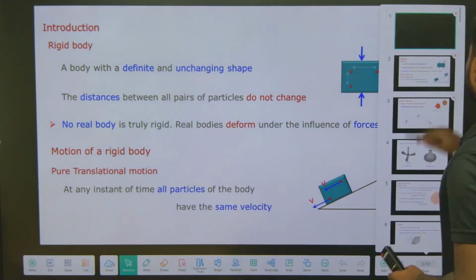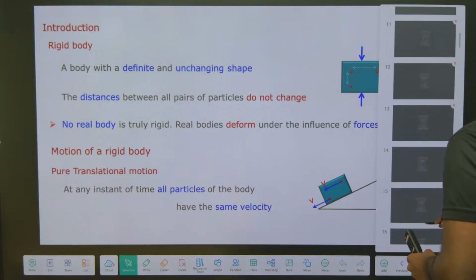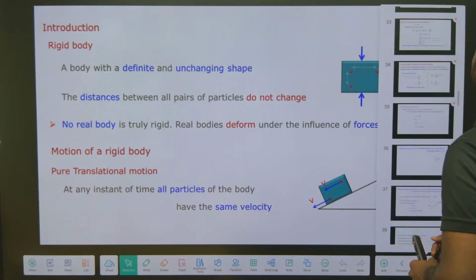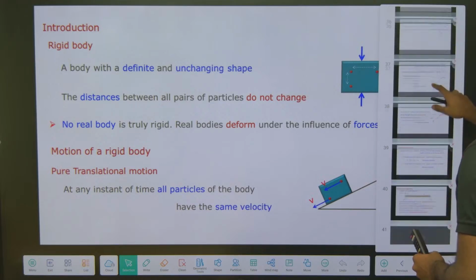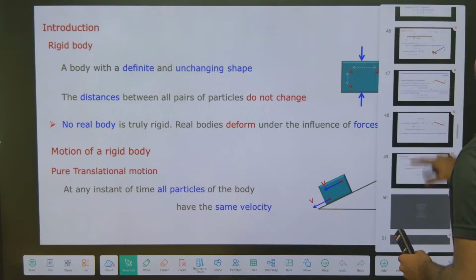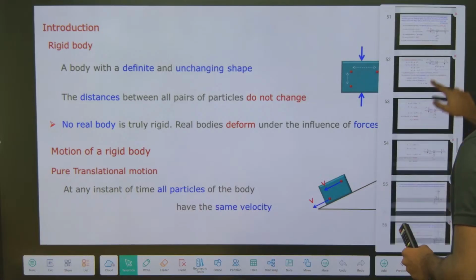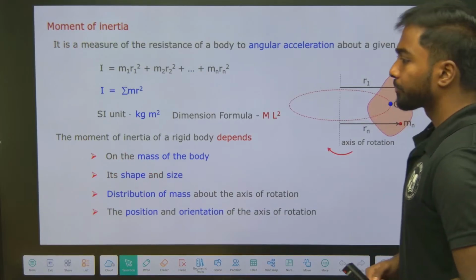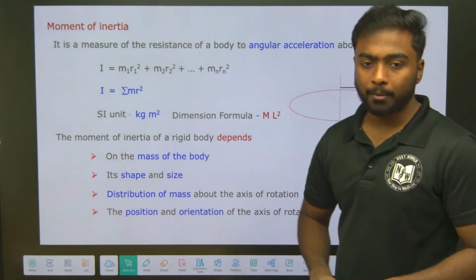Yes, we were discussing the topic in last class, that is, moment of inertia. Torque has been completed, right? The next topic is moment of inertia. So let's continue with the topic, right?